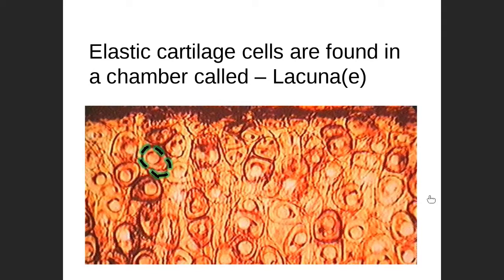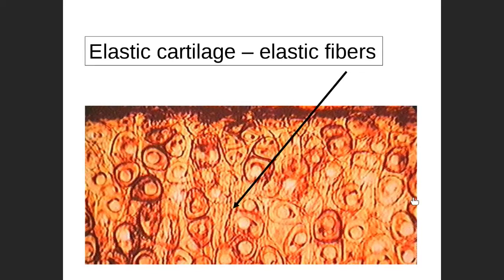But in addition to that, you can see elastic fibers, these black lines or dark brown lines, whatever color you want to call them. So these dark staining lines are going to be your elastic fibers.